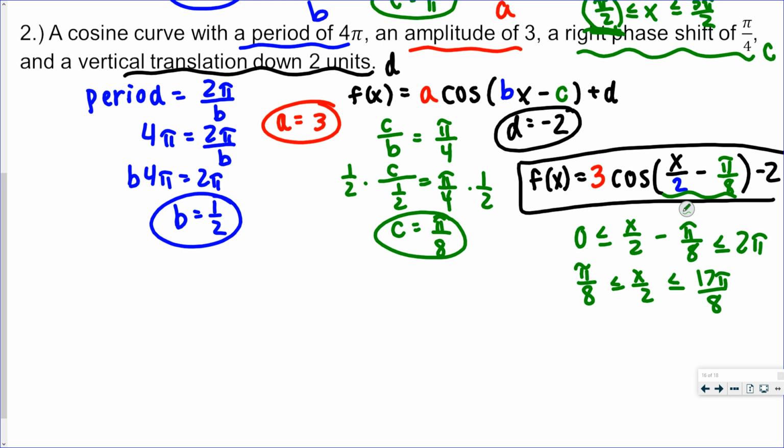And if I times everything by 2, oh, no. Do you see where that went? Oh. Did this give me a starting position of pi over 4? Yes, it did. It'd be 17 pi. That's what this is. Okay, so we're good.